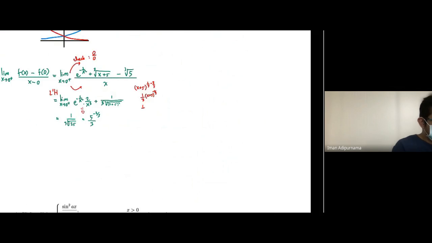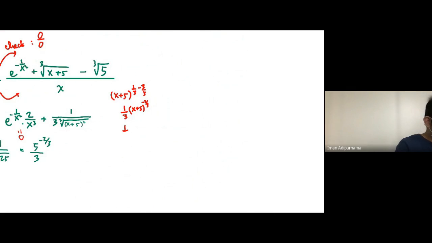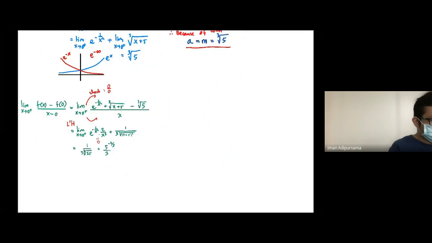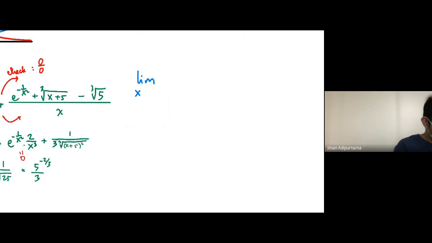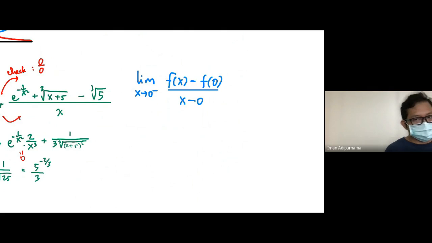Maybe I will write on the right here, so I can erase this calculation. Okay, so the limit as x goes from the left of (f of x minus f of 0) divided by (x minus 0).